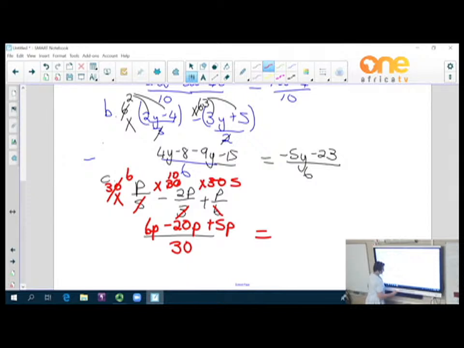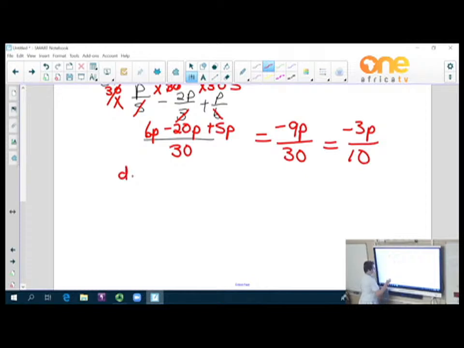So my final solution is positive 11 minus 20, which is negative 9p over 30. This can simplify because I can divide by 3, so then you have negative 3p over 10. That is my final answer.